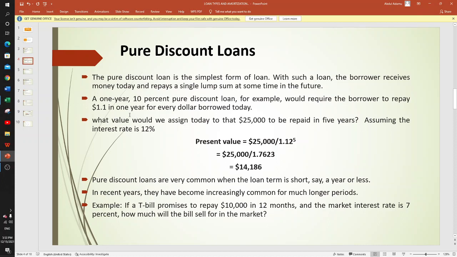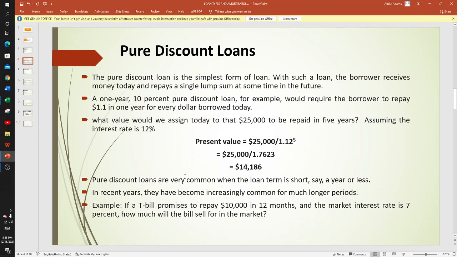What is the amount today if the interest rate is 12%? It's very simple. All we do is discount this backwards using 12%. If you remember our present value formula, that is 25,000 divided by 1 plus the interest rate, raised to the power 5. Once you divide, you are going to get $14,186 today. Then in 5 years' time, you repay 25,000 naira.